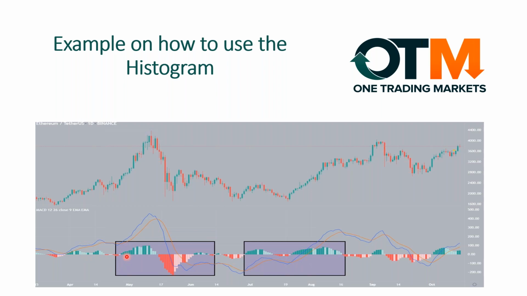So it's telling us that soon we will probably have a crossover. Let me explain this in a different way. If you notice here, when this ends, you're always going to have a crossover. When the red ends, crossover. When the green ends, crossover. So it gives you an early sign that a crossover could be happening soon.